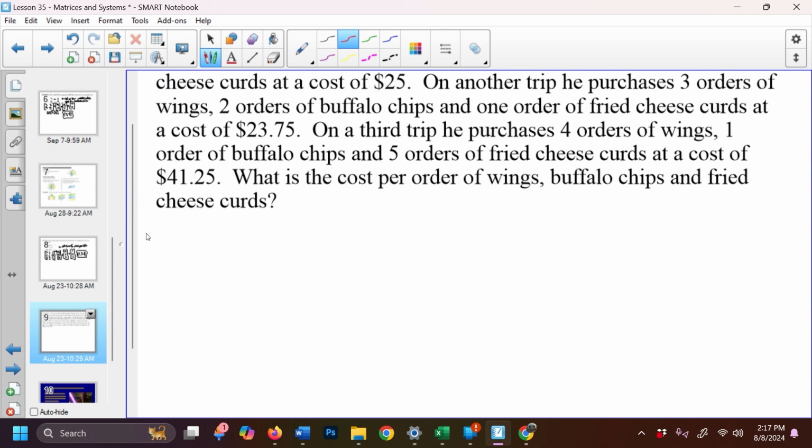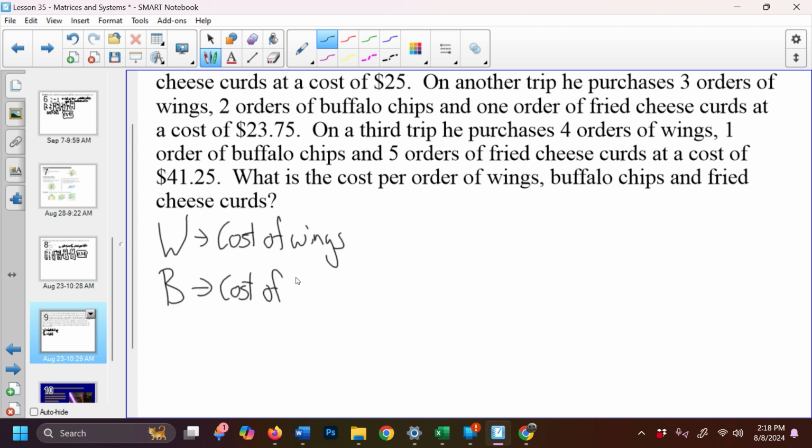The variables are what the question is asking you to solve for. In this case, it is the cost of a wing, which I'll call W. I will call B the cost of buffalo chips.